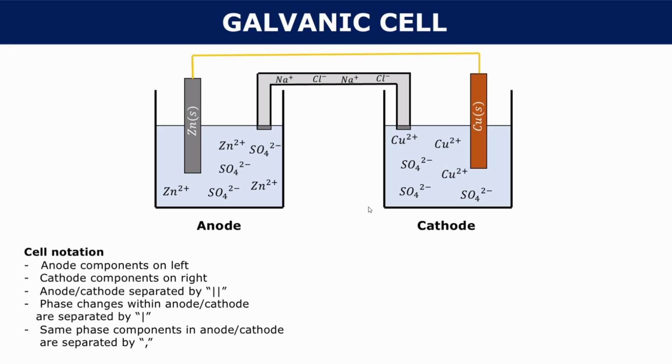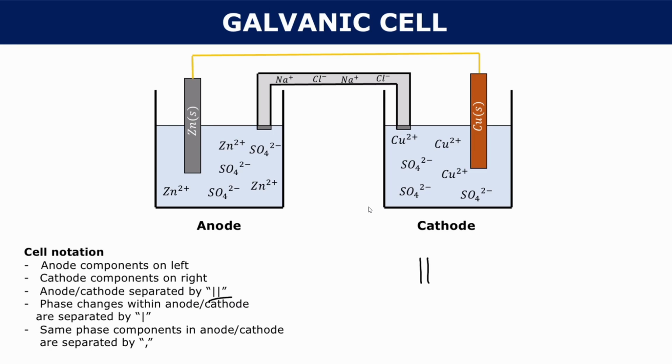Well, first of all, anode components go on the left and cathode components go on the right, and those anode and cathode components are separated by this double, what is this, double vertical line here? That double vertical line. So what does that mean? So we know it's going to be separated by some double vertical line, and we know that the anode components go on the left and the cathode components go on the right.